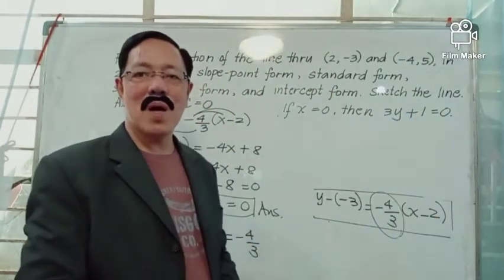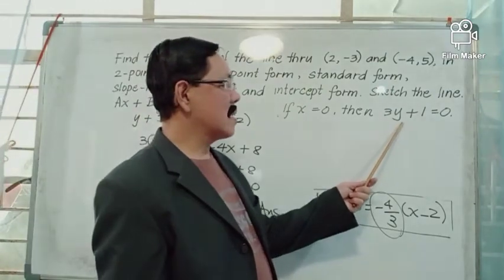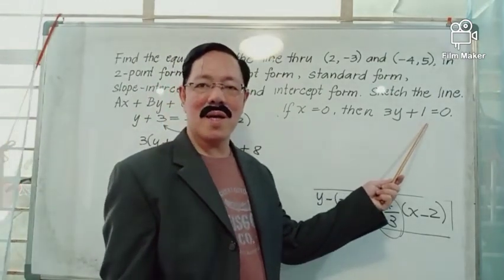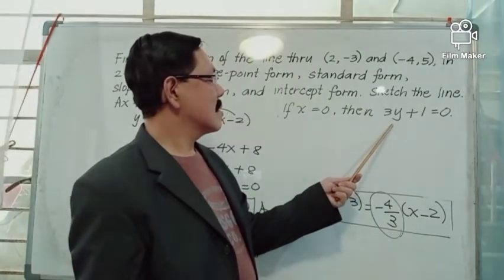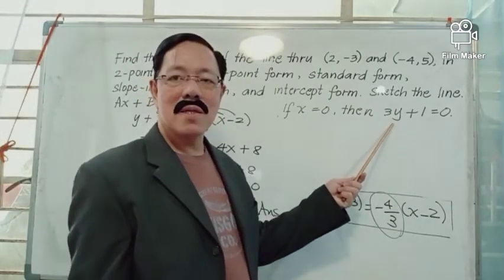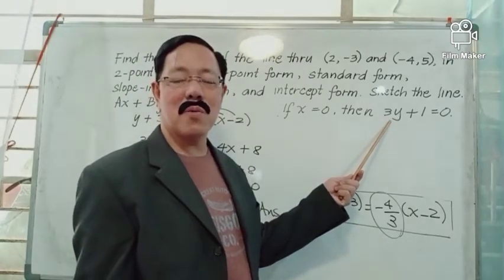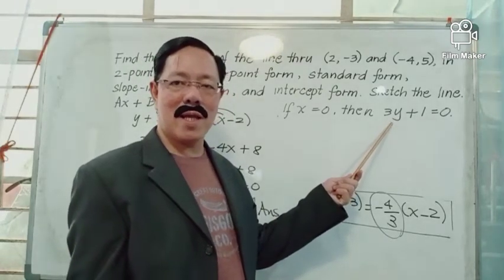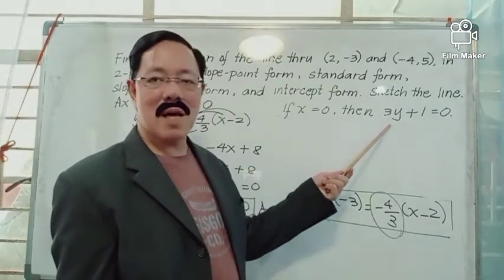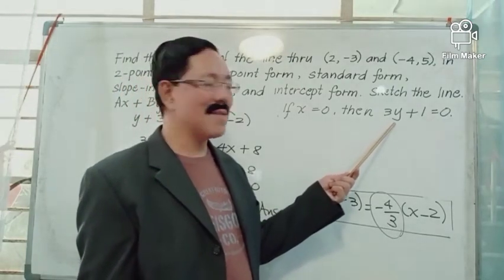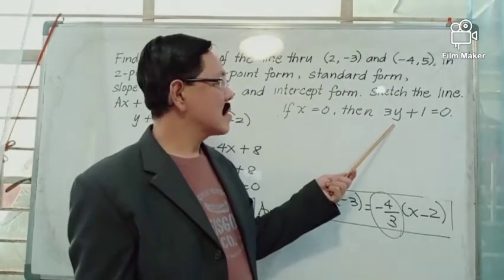And we solve for y from this linear equation in one variable y. And we know from last lesson that the graph of this linear equation in variable y only is a horizontal line, parallel with the x-axis and perpendicular with the y-axis.